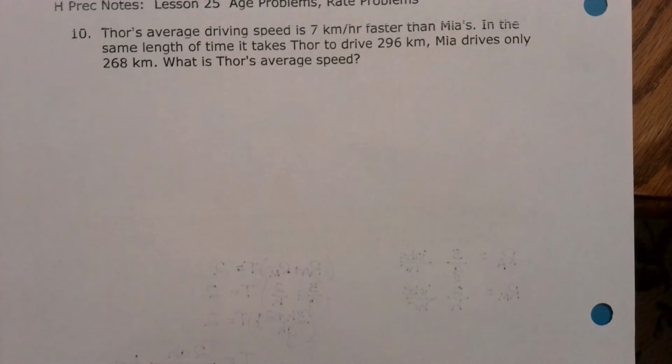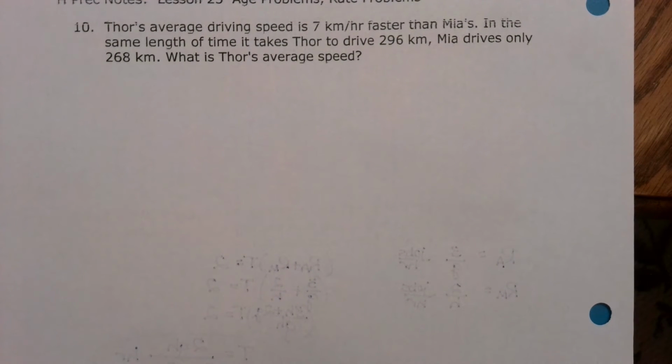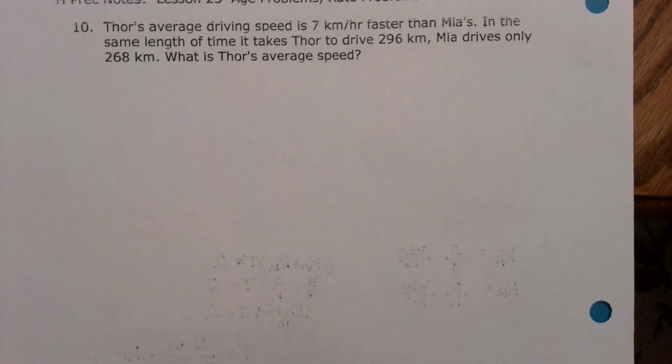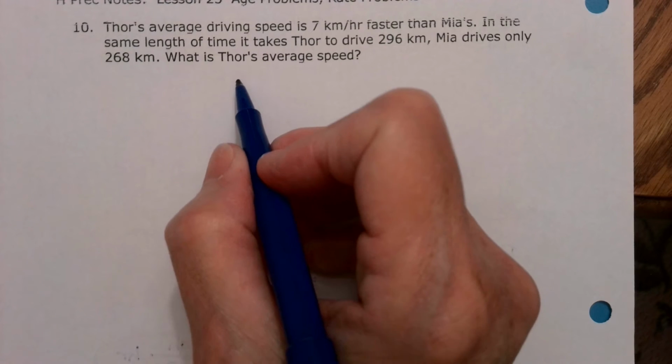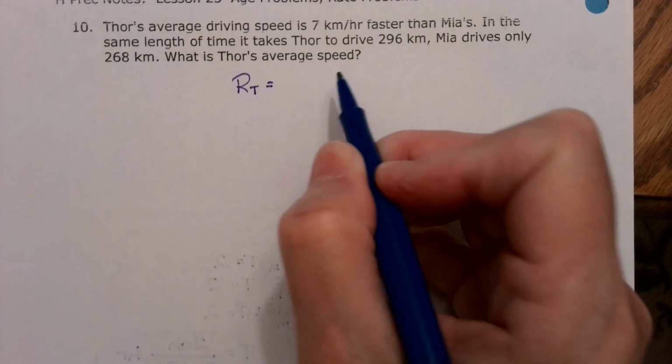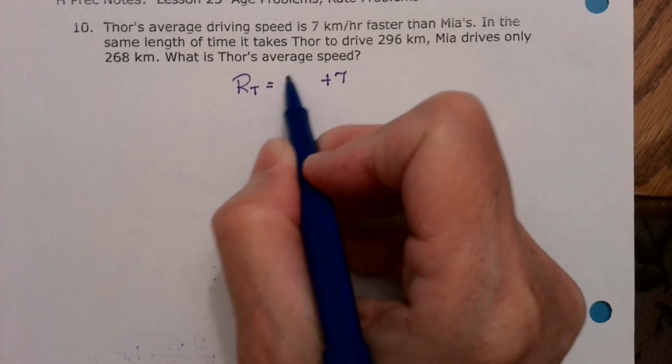Okay. Let's look at the back. It says Thor's average driving speed is 7 kilometers per hour faster than Mia's. In the same length of time it takes Thor to drive 296 kilometers, Mia drives only 268 kilometers. What is Thor's average speed? So it says his speed is 7 more than Mia's speed.